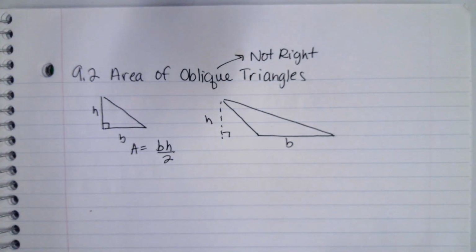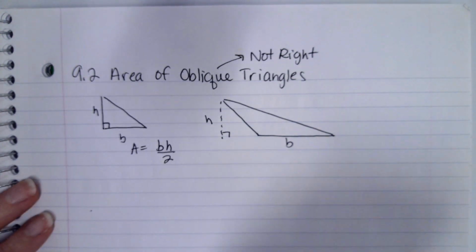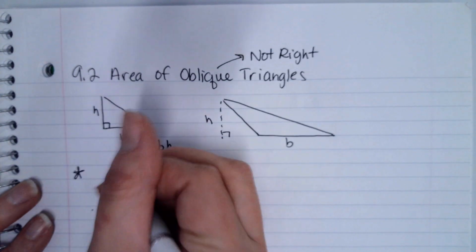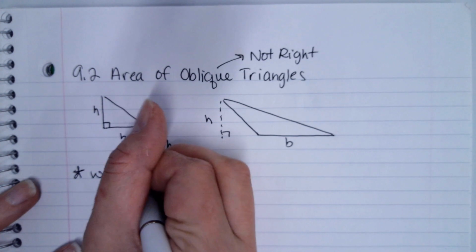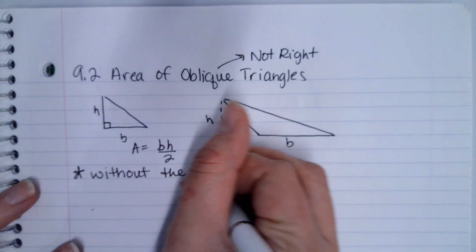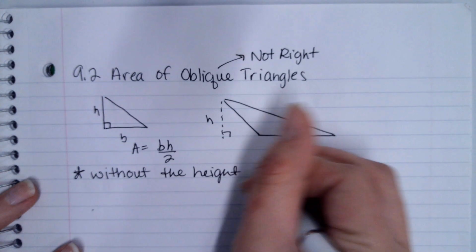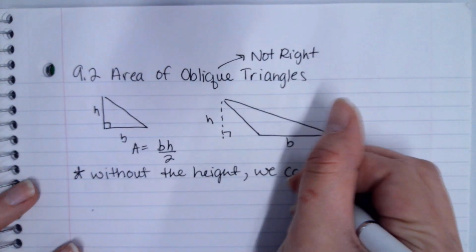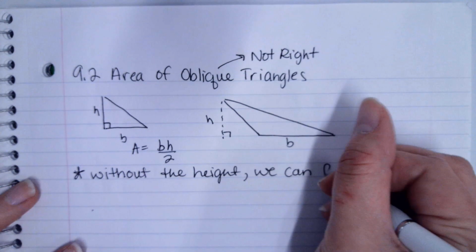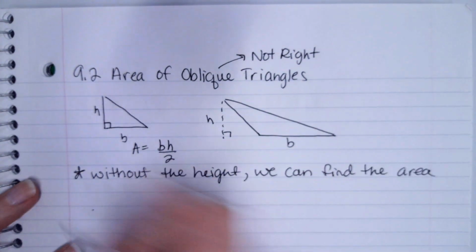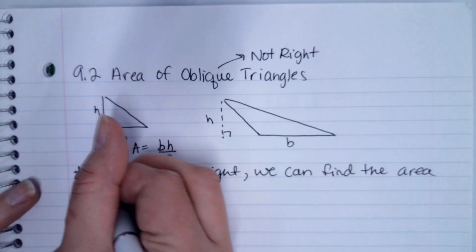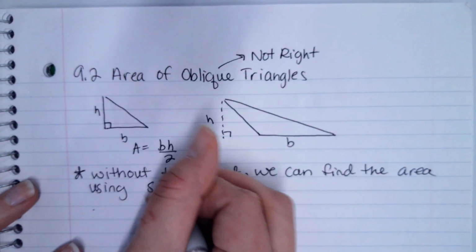And again, area is still the same formula. If we're not given the height, we can calculate the area given side angle side. So without the height, we can find the area using side angle side.